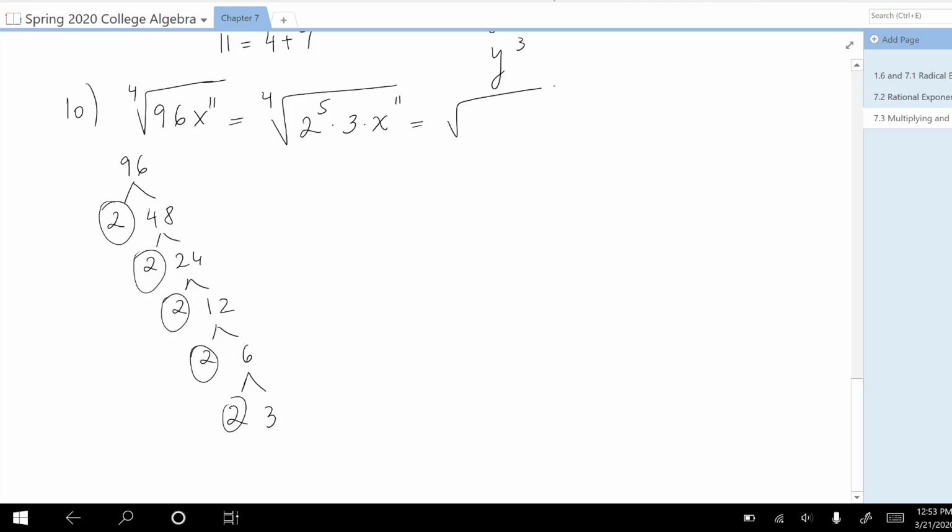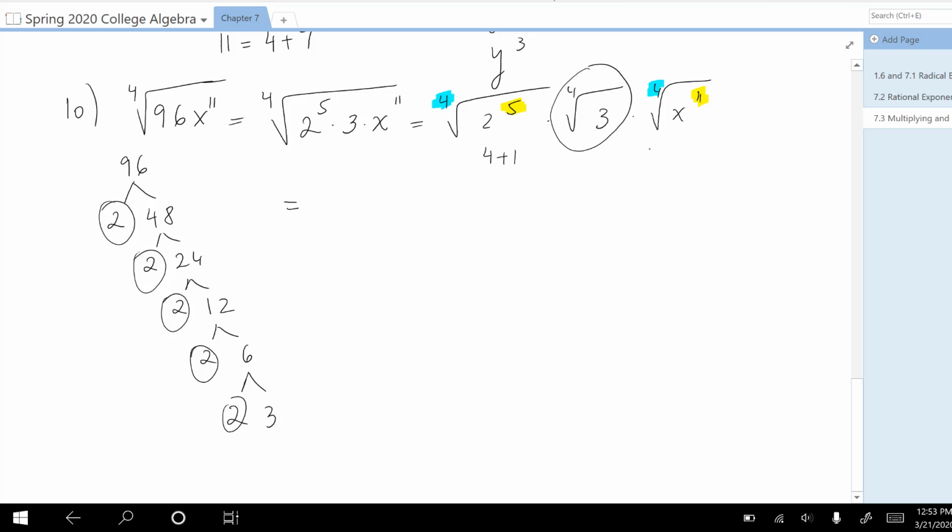I can distribute it into 4th root of 2 to the 5th times 4th root of 3 times 4th root of x to 11. Now, this 5 from here, I want to write it using multiples of 4. So 5 can be written 4 plus 1. This one I can't do anything to it. And the 11 from here has to be written as multiples of 4.